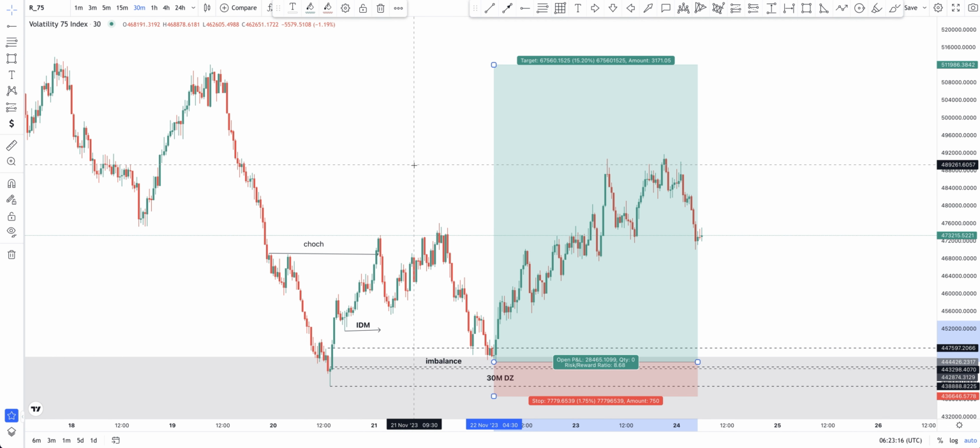In my next video, I promise to teach how to calculate lot size based on your risk on Volatility 75: the lot size you have to use and what you'll be risking on each trade, or any entry you take. So this is how we made money on Volatility 75, and this is a very simple strategy each and every one can use.